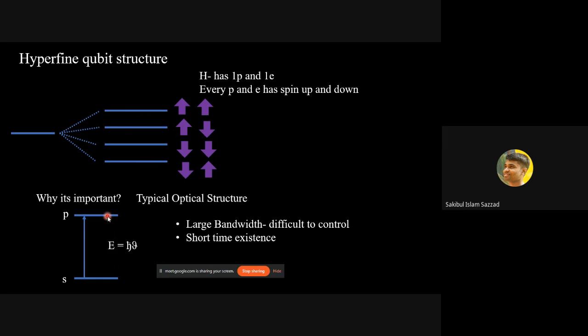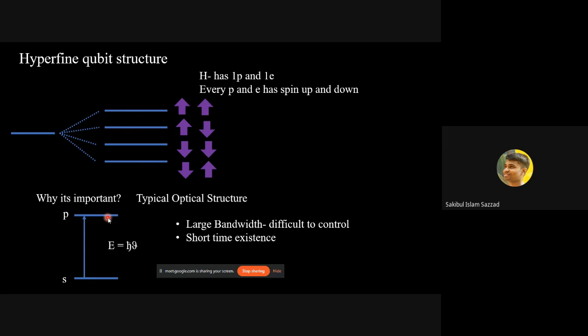And another thing is, as I said, this is a very unstable position, so we have to make it stable, because we will do some computation for a period of time. If the electron goes from higher to lower and emits light, it is gone. So we have to make it last for a long time.